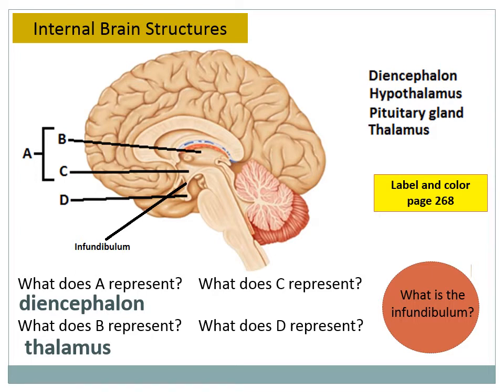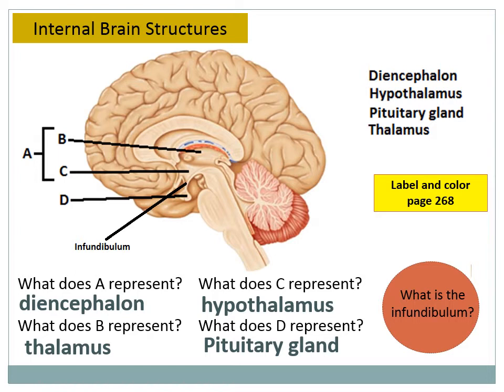And thinking about what we would find underneath our thalamus here. So what would we find underneath the thalamus? Good, the hypothalamus, right? Hypo means under. So under the thalamus, we would find the hypothalamus, which leaves D to be our pituitary gland. And our pituitary gland, if you remember, will sit on a little structure that the sphenoid had, right?